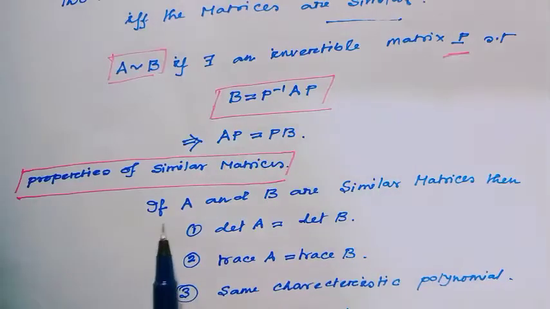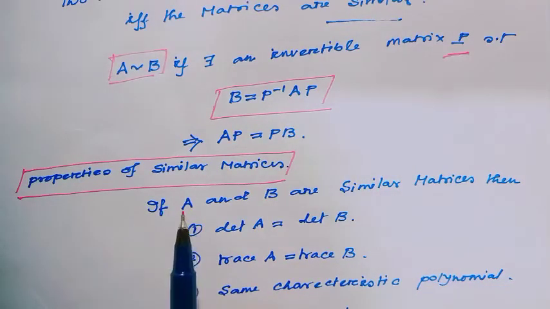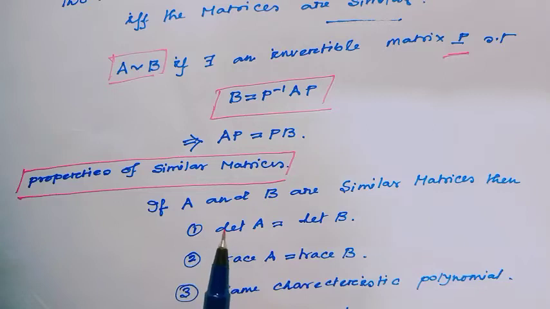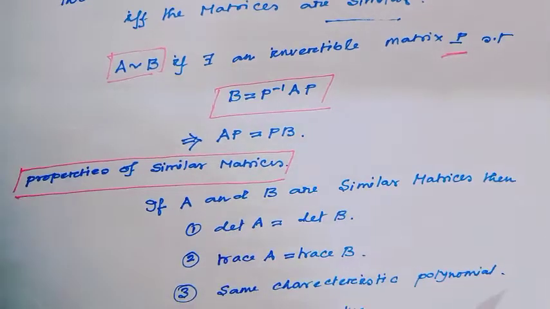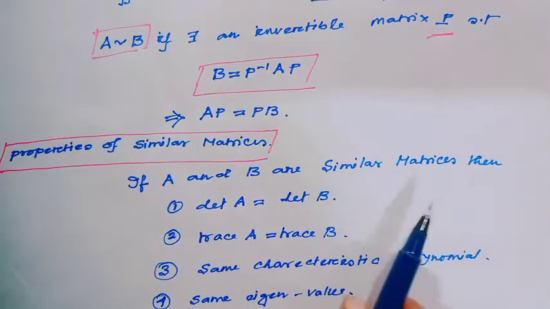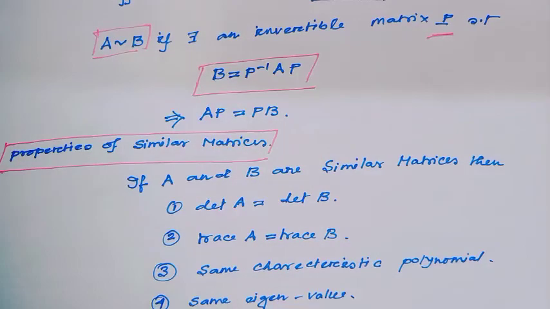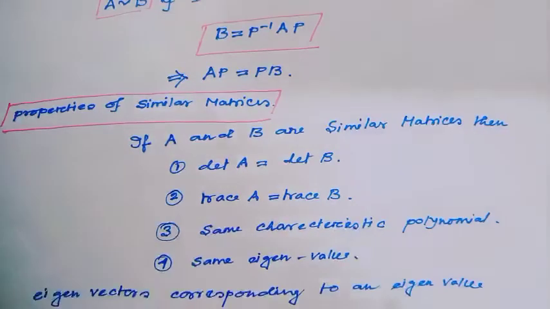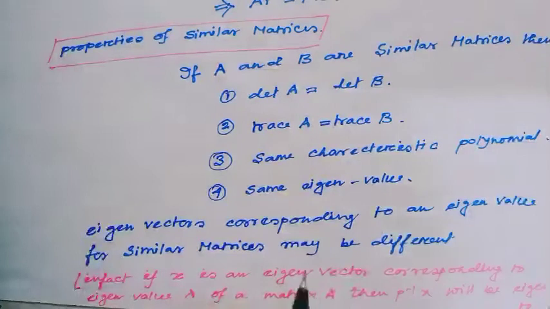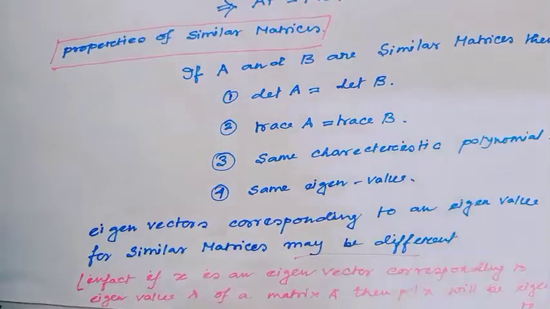And I had also seen the properties of similar matrices. If A and B are similar, then their determinants are equal, their traces are equal, and they have the same characteristic polynomial and the same eigenvalues. But the eigenvectors corresponding to an eigenvalue for similar matrices may be different.